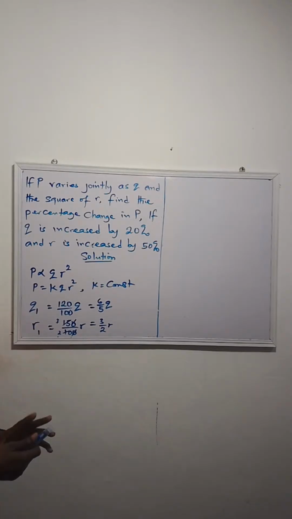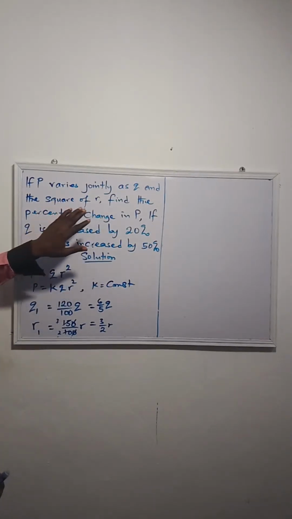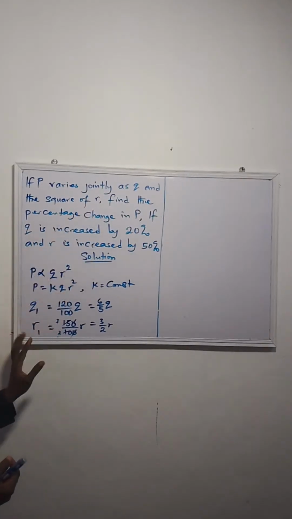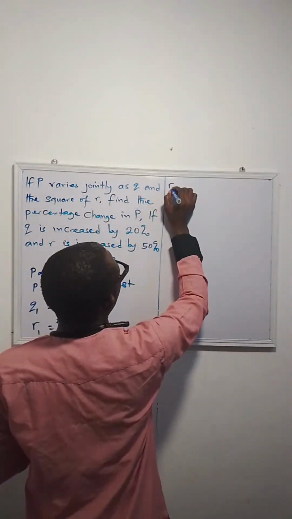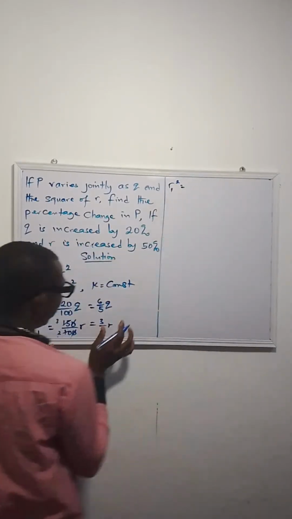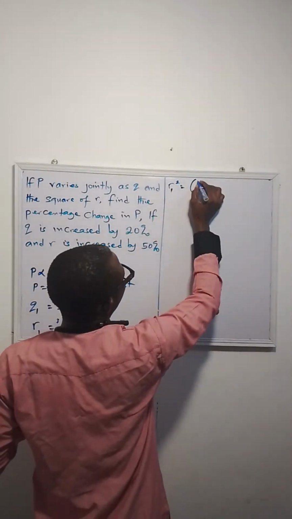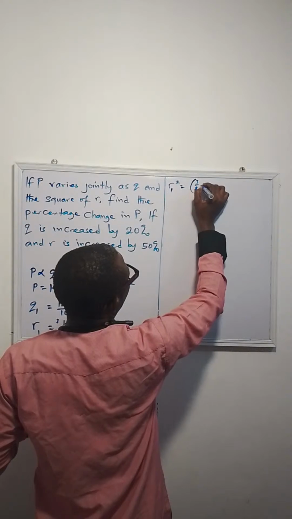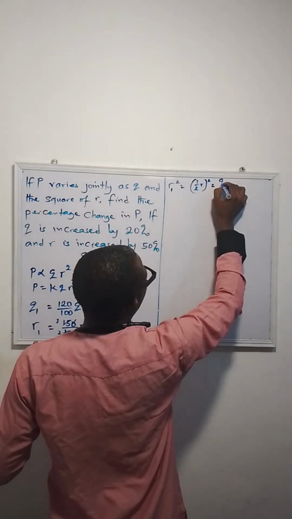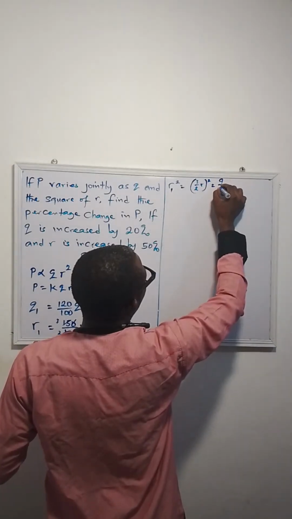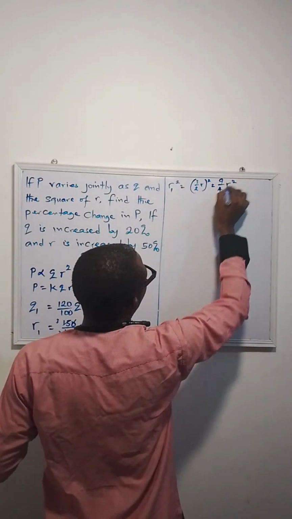But if you look at the question, it's talking about the square of R. So we now get an expression for R1 squared. R1 squared will be the square of this, so that's 3 over 2 R squared, and that gives you 9 over 4 R squared.